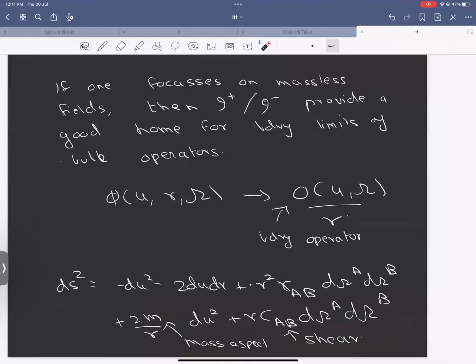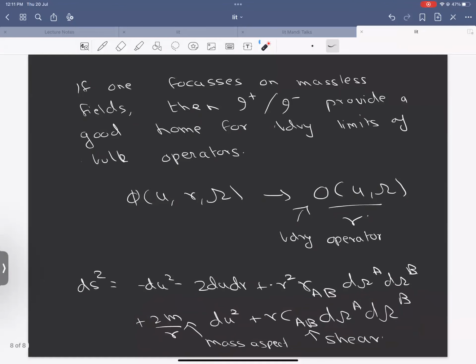Okay. So there's another question. Sorry, Suvrat. How does this definition of boundary operator differ from the one that involves the bulk to boundary propagator? Here I'm just trying to take the boundary limit of a bulk operator. There are different setups in which you use bulk to boundary propagators. If you wanted to compute the correlation function of some of these boundary operators, then you would need to use bulk to boundary propagators to propagate their effect into the bulk.